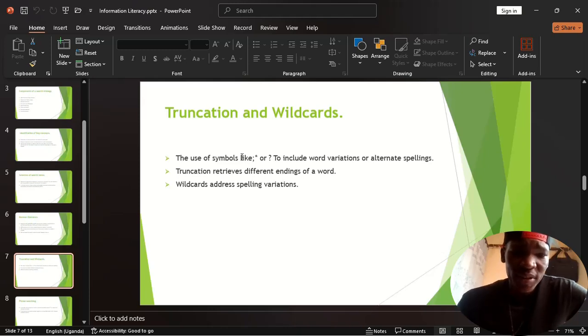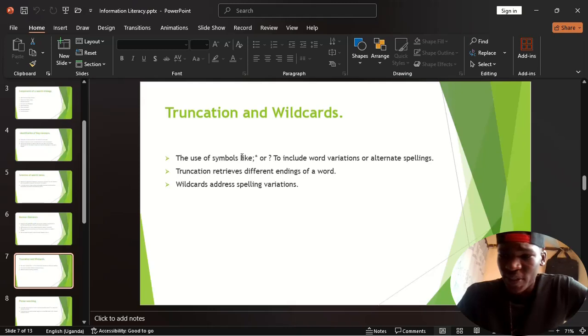Truncation retrieves different endings of a word. But wildcards address spelling variations, or when there's a difference in the spelling of what you're trying to search for.